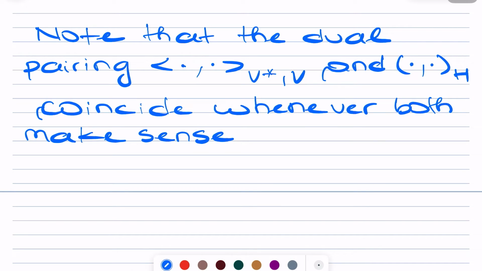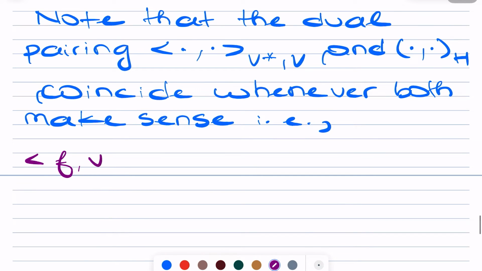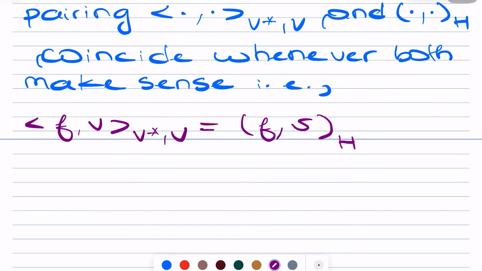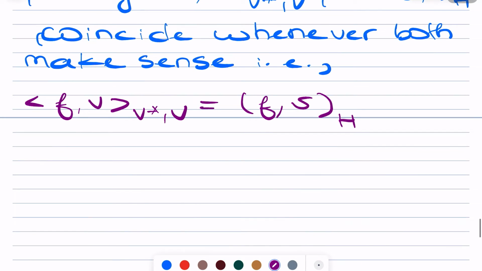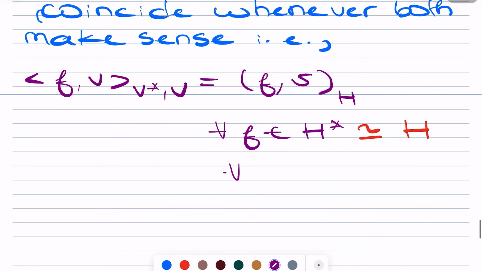What I mean is that this dual pairing of F and v, in V star and V, is exactly the scalar product of F and v in H, for every F in H star, which you can identify as an element of H, and also for every v in V.